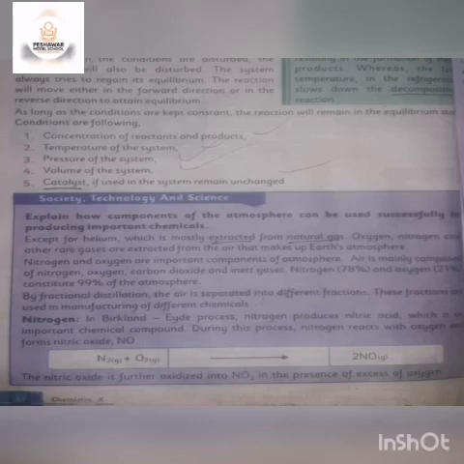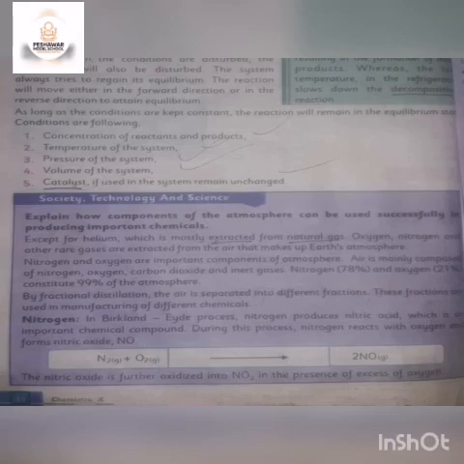We know that we can extract helium from natural gas, which we can call methane gas, and we can extract oxygen, nitrogen and other rare gases from the air that makes up our total earth atmosphere. Nitrogen and oxygen are important components of the atmosphere.